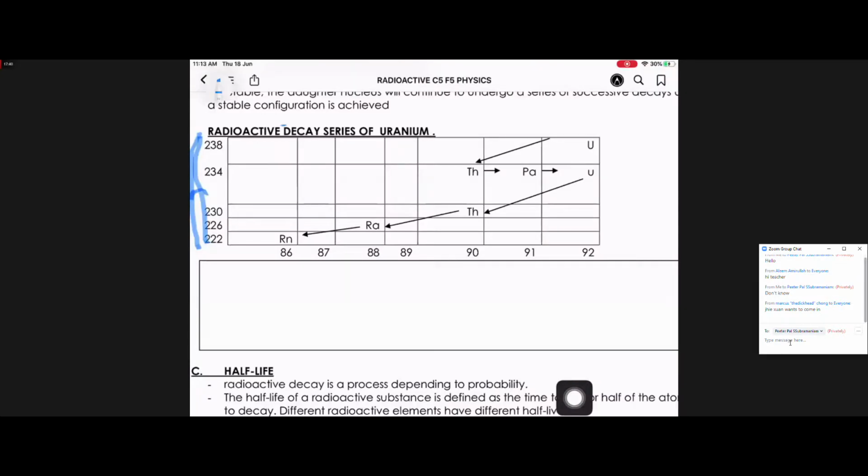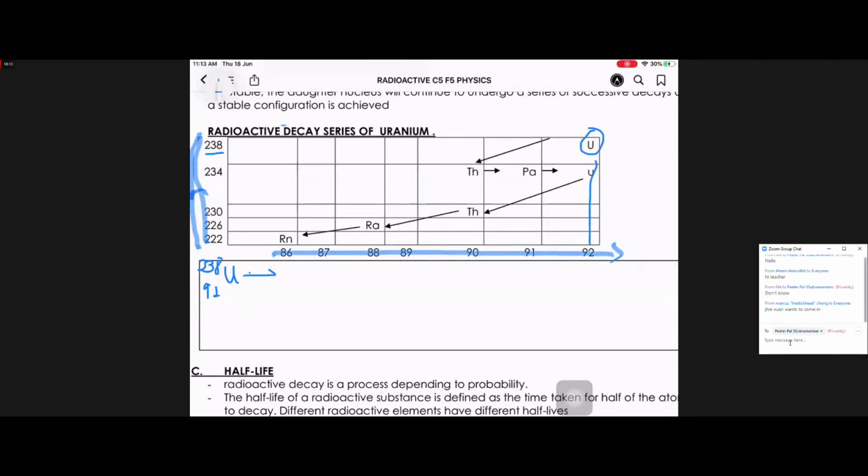On the left is the nucleon number. At the bottom, axis X is the proton number. How do we write an equation? See here carefully. First thing, take this uranium. See the uranium's nucleon number 238. See the uranium's proton number 92.